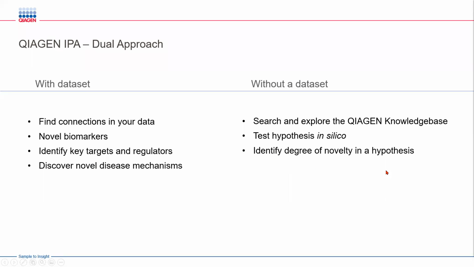Another way is you can come in with IPA without any data, and then you can ask a question like, how does my target gene mediate a disease downstream? What are the upstream regulators of my target gene that you're working with? So this will allow users like you to generate a novel hypothesis, and you can also test this in silico.